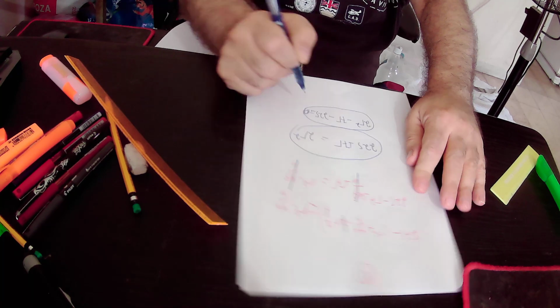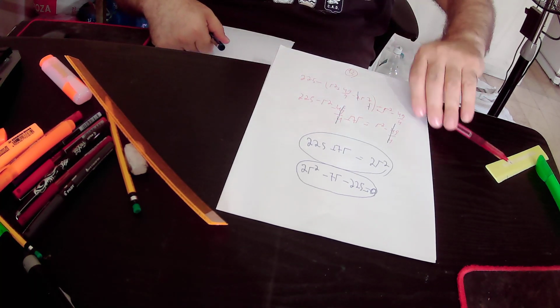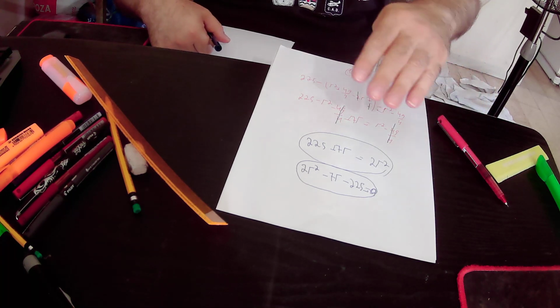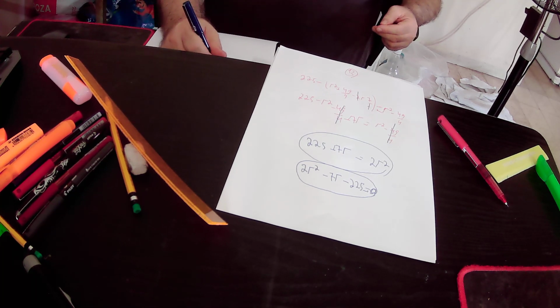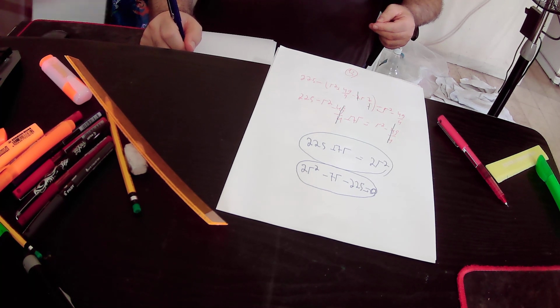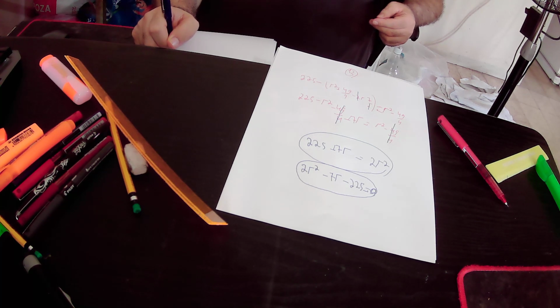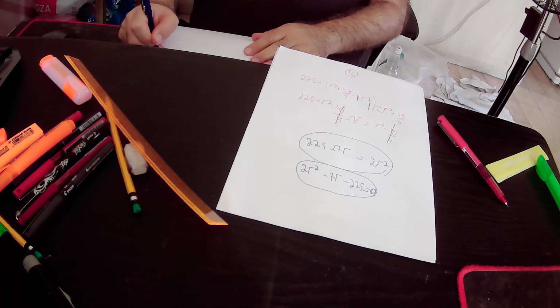So we got this quadratic equation, and the coefficients of this quadratic equation are capital A equals to 2, capital B equals to minus 7, and capital C equals to minus 225.